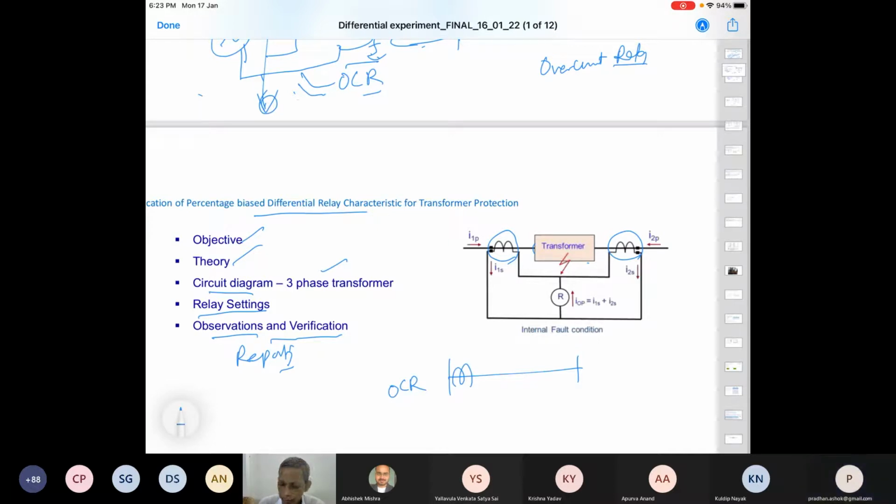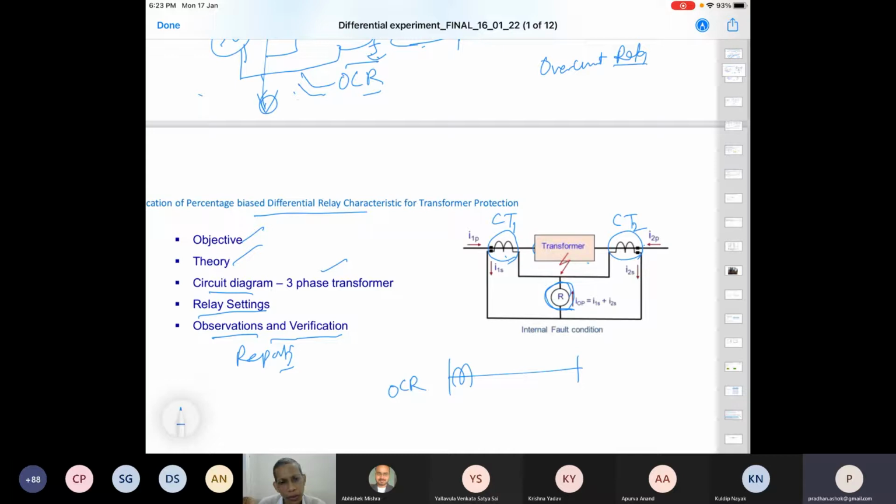But here, in the same phase, phase A, we talk about two CTs. This is CT1, and this is CT2. You connect them like this so that a differential current flows through this. This is a differential branch, left and right.